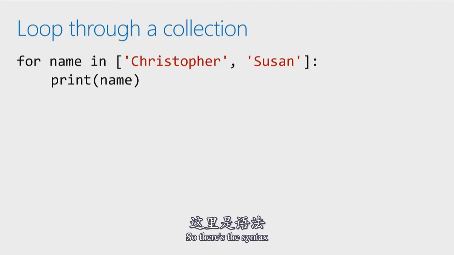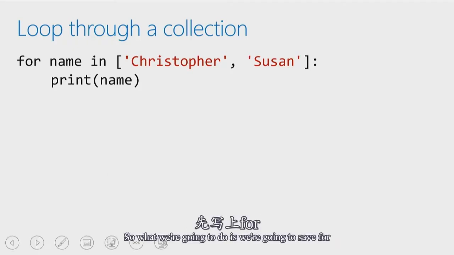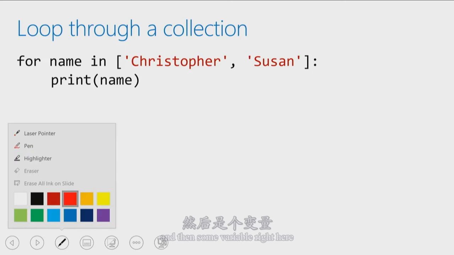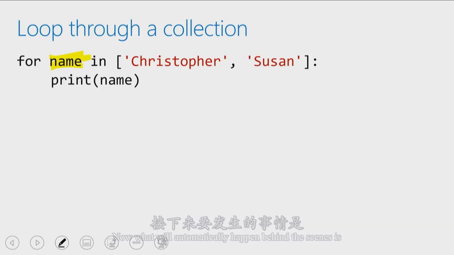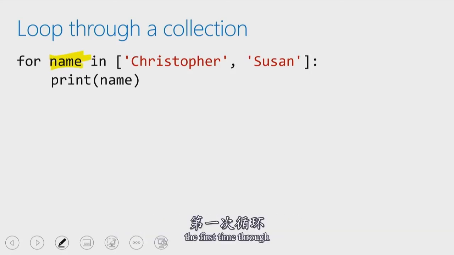So there's the syntax. What we're going to do is say for and then some variable right here. So we'll say name in and then our list. Now what will automatically happen behind the scenes is the first time through, name will be Christopher. And then the second time through, name will be Susan.